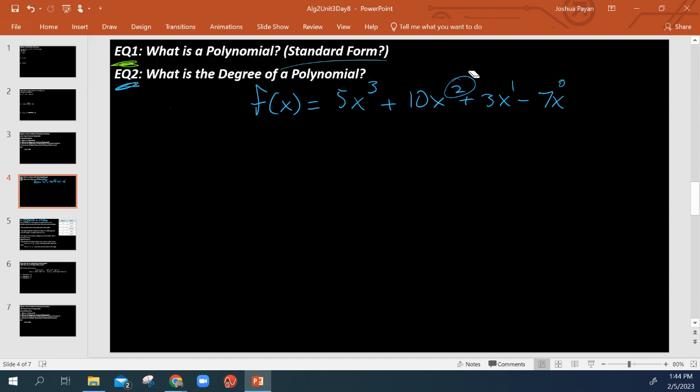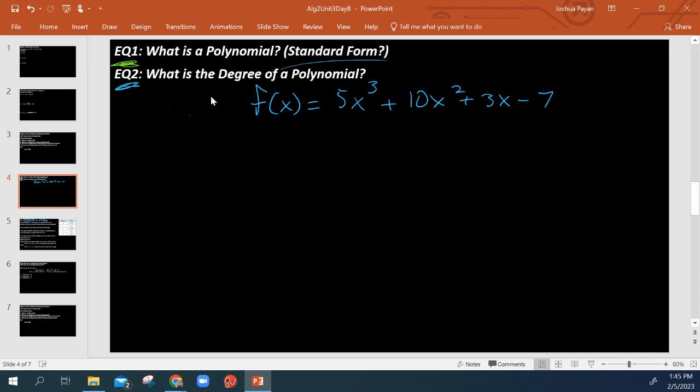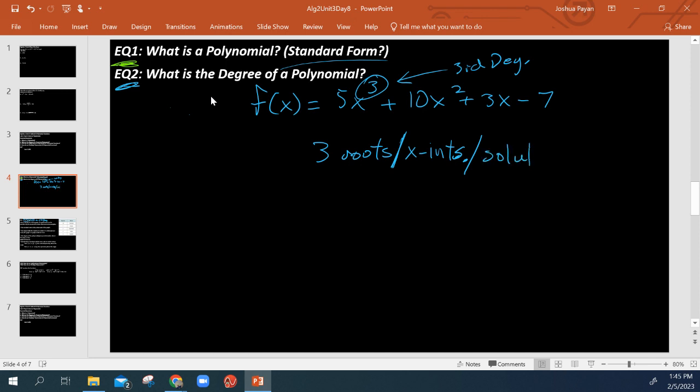Now, this is why it's important. Because this is a third degree polynomial, that means it's going to have three roots, right? And roots is synonymous with x-intercepts, and it's also synonymous with what we would call solutions.